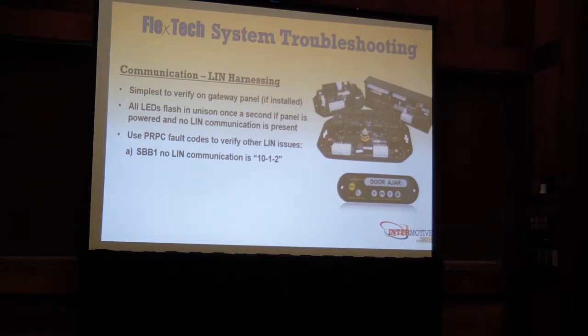Some things that I've seen taking calls: you might find a screw through a cable in the A pillar. They'll run it down and then they run a screw right through the cable. You're not getting any communication on the system.